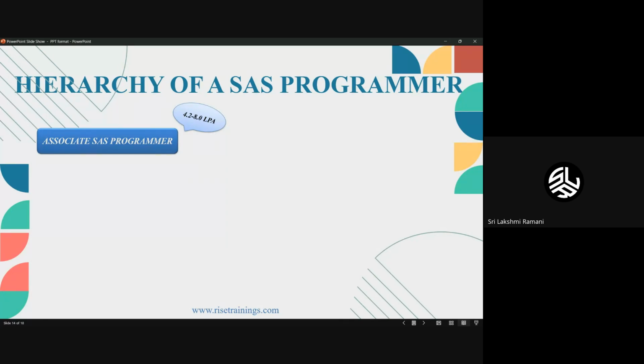I can't disclose the companies, but if you join as a clinical SAS programmer as a fresher, the minimum package will be 4.2 and the maximum will be 8. Do any of you know Eli Lilly company, which is in Bangalore? That company is providing 8 lakhs per annum. Just think.